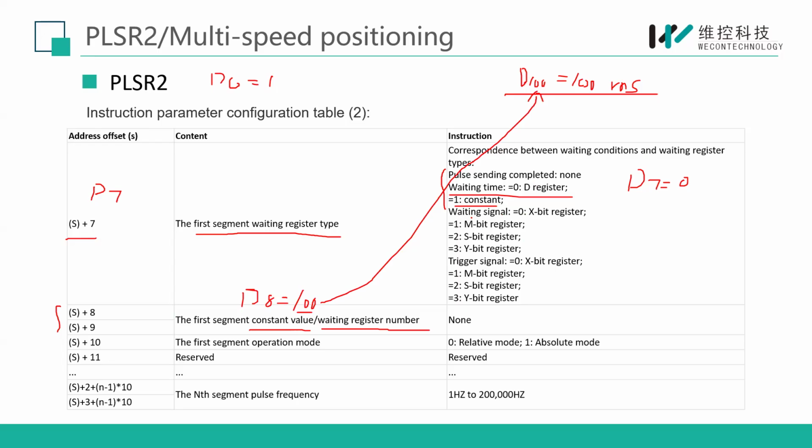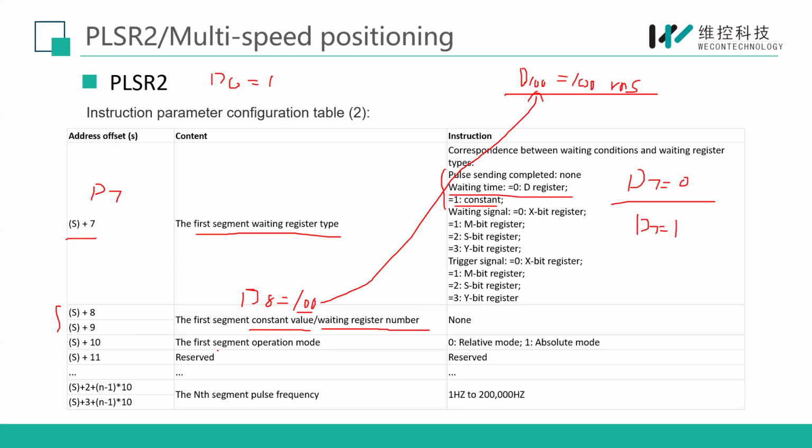So if I choose the D7 to 1, it means the constant. So we can set the waiting time directly in the constant value in the D8 and D9.